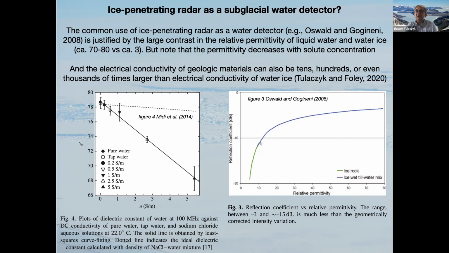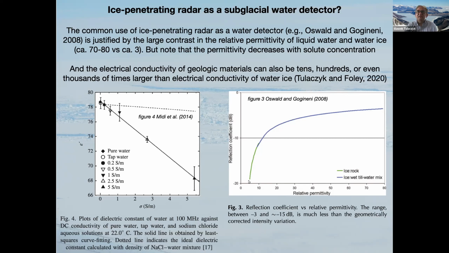So the bottom line is that if we throw away everything else but keep permittivity, then radar becomes a water detector, and it certainly has been used like that. Just to give you an example, here is a publication focused on detection of water beneath ice from radar lines flown in Greenland.